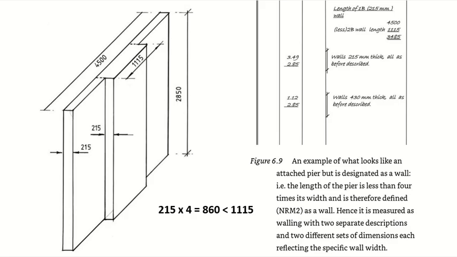Sorry, then you are basically calculating this wall and this part of the wall. 2.85 is the height. Total wall is 4.5, right? Out of 4.5, how much is the projection? 1.1 something, right?